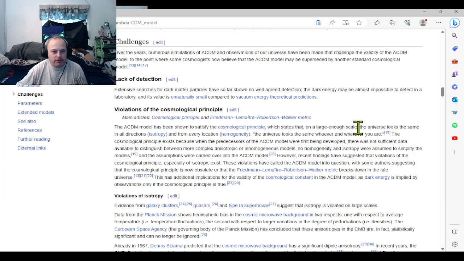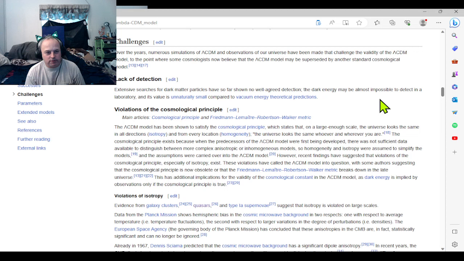Violations of the cosmological principle. The ΛCDM model has been shown to satisfy the cosmological principle, which states that on a large enough scale, the universe looks the same in all directions and from every location. The universe looks the same whoever and wherever you are.